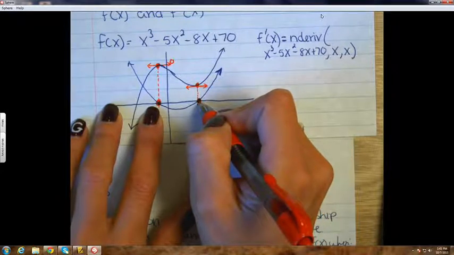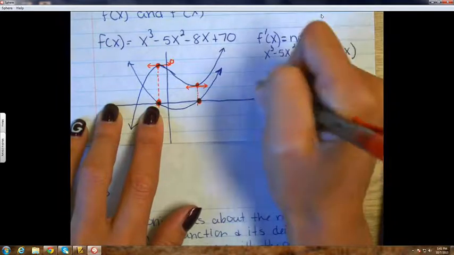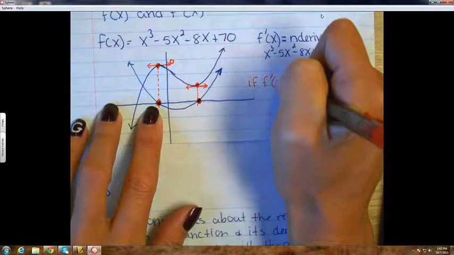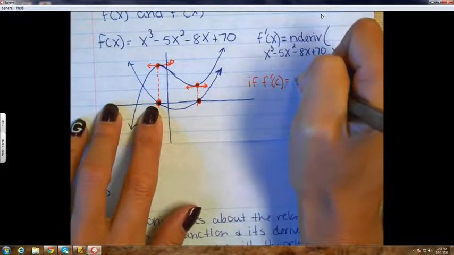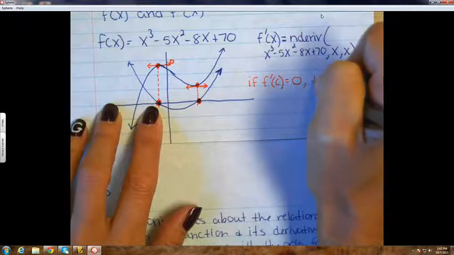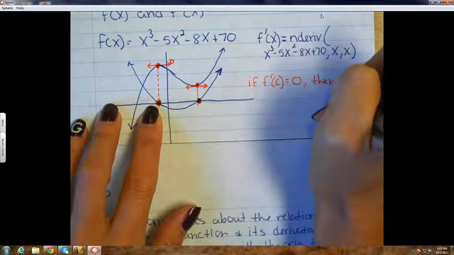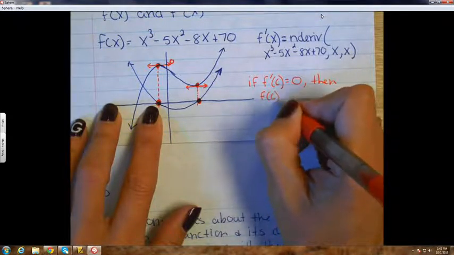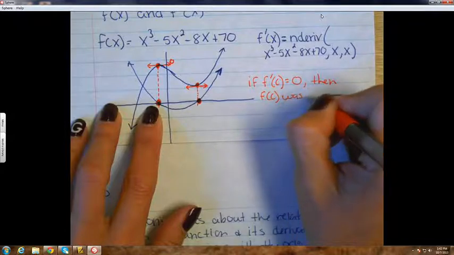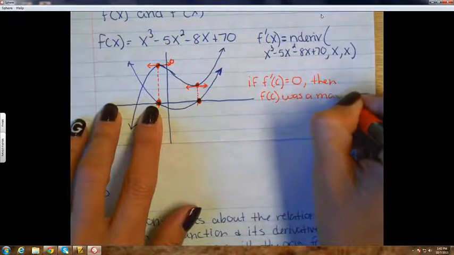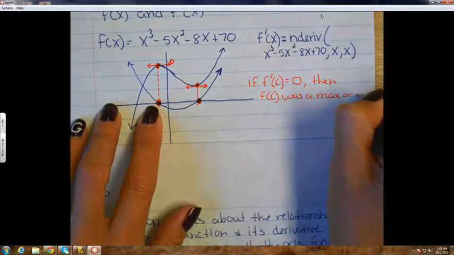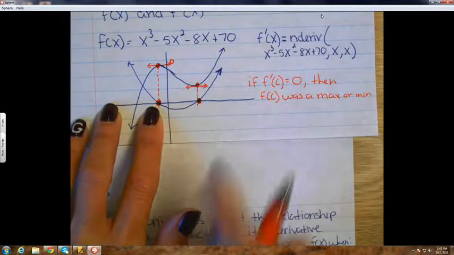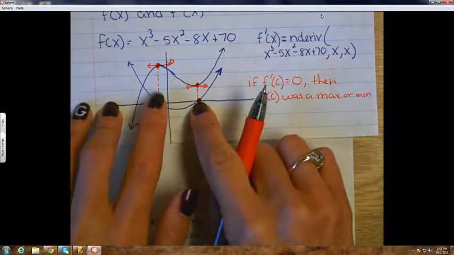So, if the derivative of some c value is coming out 0, then the original function had a max or a min. Then f of c was a max or min. Alright, one part down. So derivative is 0, the original function had a max or a min.